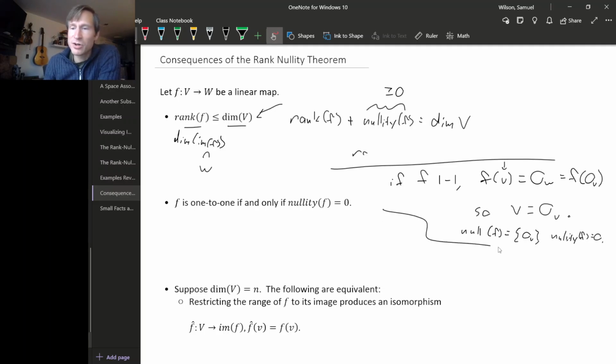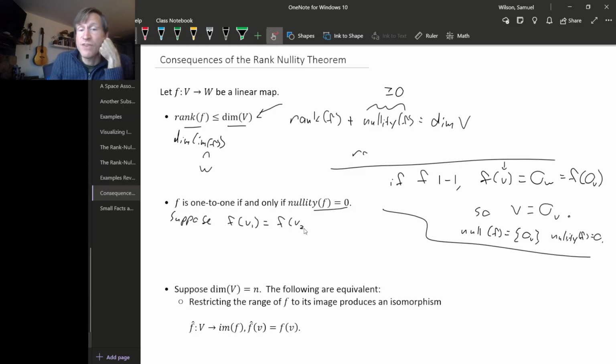Okay, so what about going the other way? If we have a map that has nullity 0, why is it 1-to-1? Well, we're assuming that the nullity is 0, and let's suppose that we have two vectors, v1 and v2, that have the same output. If F is going to be 1-to-1, we have to show that v1 is actually equal to v2.